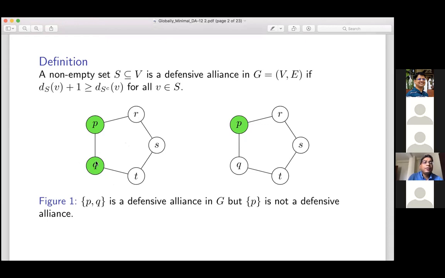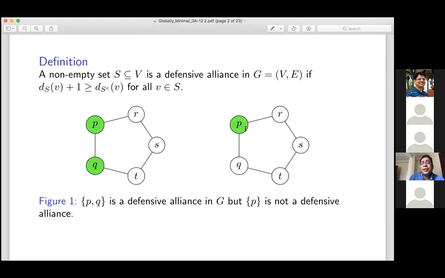So P is protected, and similarly Q has 2 neighbors, including itself in S, and it has only 1 neighbor outside S. So both P and Q are protected, and so they form a defensive alliance in this graph.